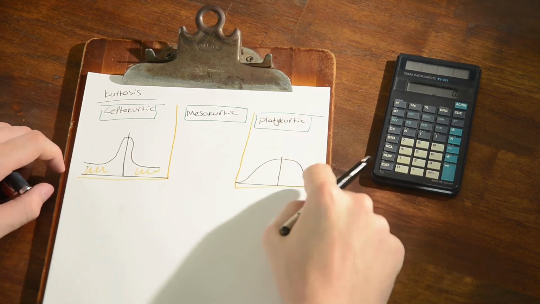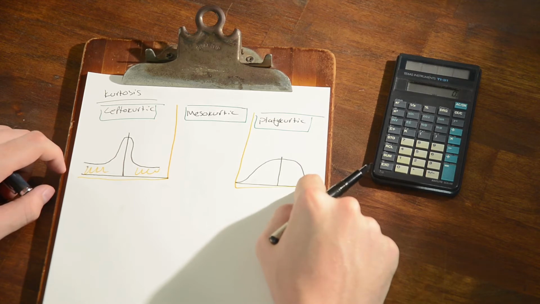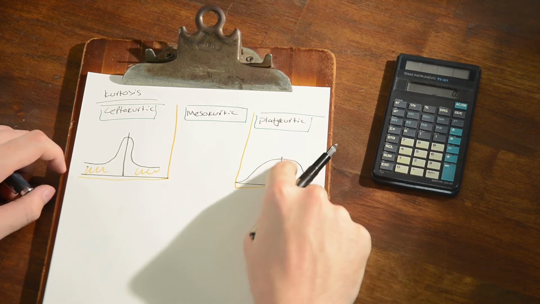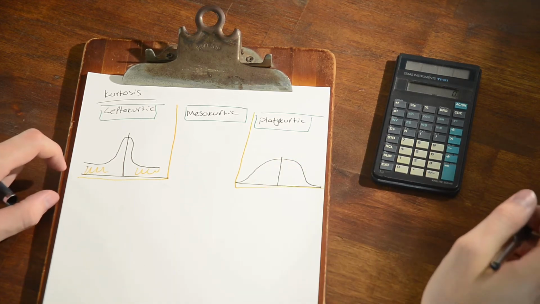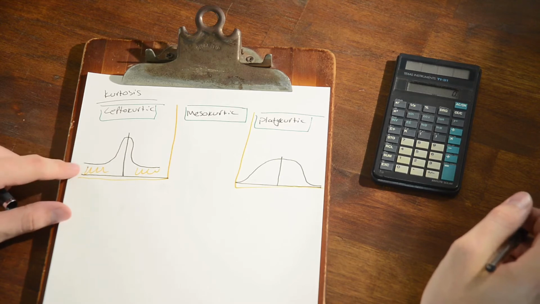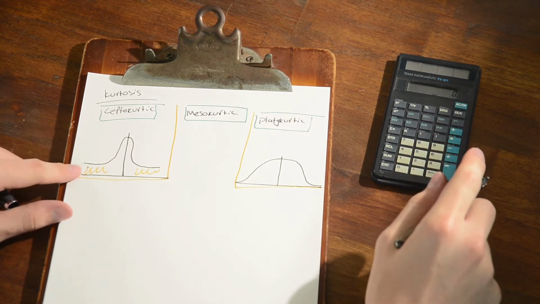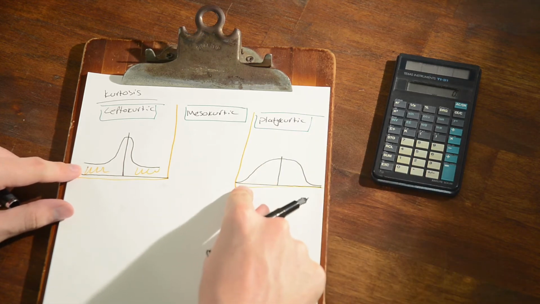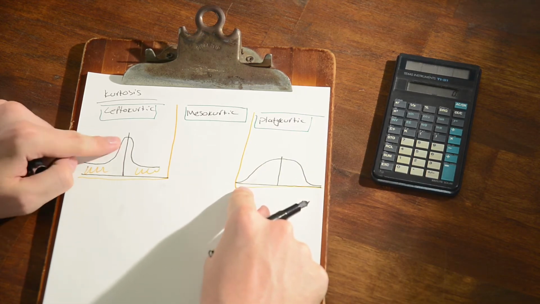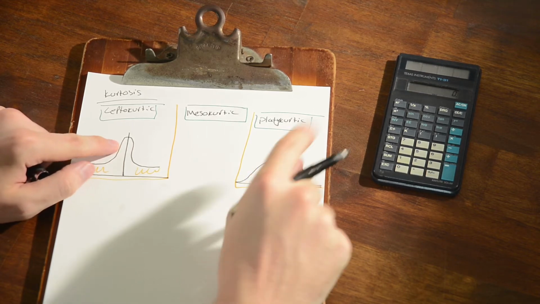So we're going to have wider tails than a platykurtic, but a skinnier midpoint than a platykurtic, which means that we have, wait, got that backwards. We're going to have smaller tails than a leptokurtic, larger tails than a platykurtic, larger peak, larger middle than a leptokurtic, but a smaller middle than a platykurtic.